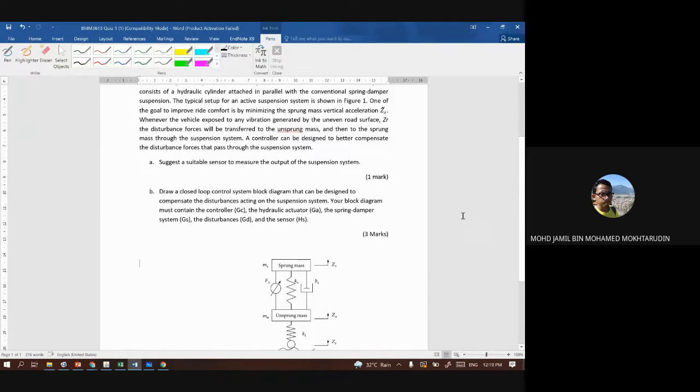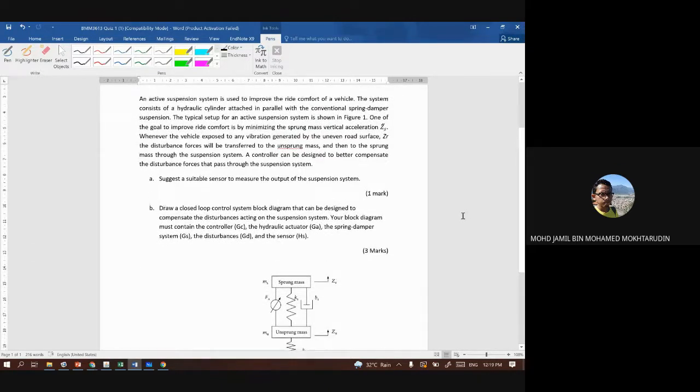For question A, before you can suggest a sensor, you need to know what the output of this system is. The question already described what the system actually measures. In this sentence, one of the goals to improve ride comfort is by minimizing the sprung mass vertical acceleration.